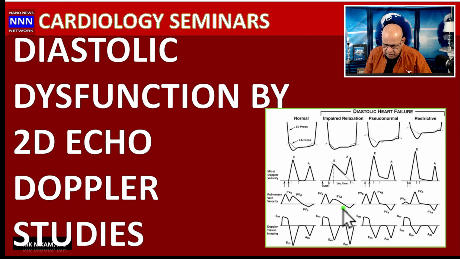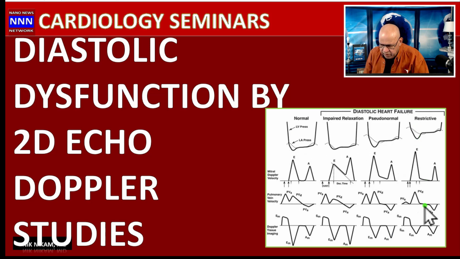The A wave is prominent as it is in the mitral valve velocity. However, during pseudo-normalization, here we see a difference where the E prime velocity was prominent, now it is less prominent, and so is the A prime velocity. So this is the difference which will help you to identify pseudo-normalization with the normal variant.